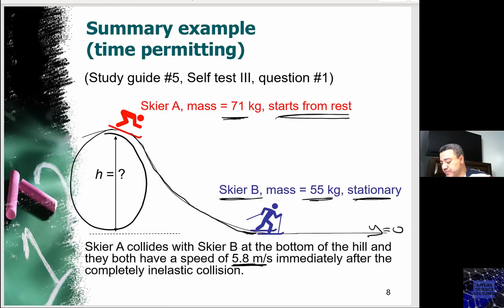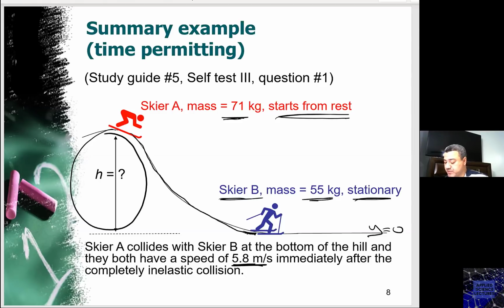So the maximum speed, he will get right there just before colliding with skier B. Now from this collision, we can extract the speed of skier A right at this point, and we can find his kinetic energy.